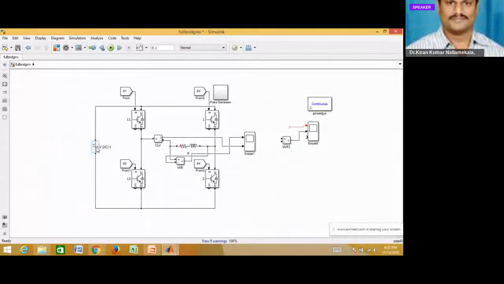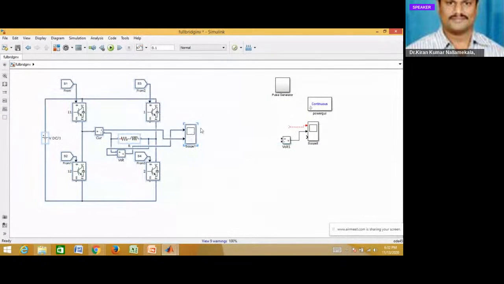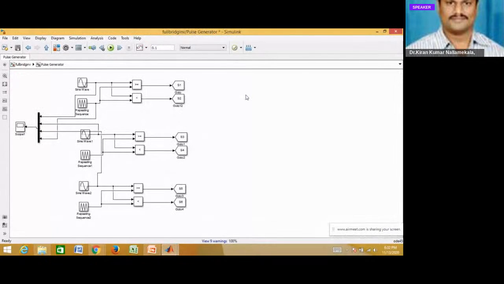Now I move this to the left side. Coming to pulse width modulation technique, we are using S1, S2, S3, S4, 4 switching devices.